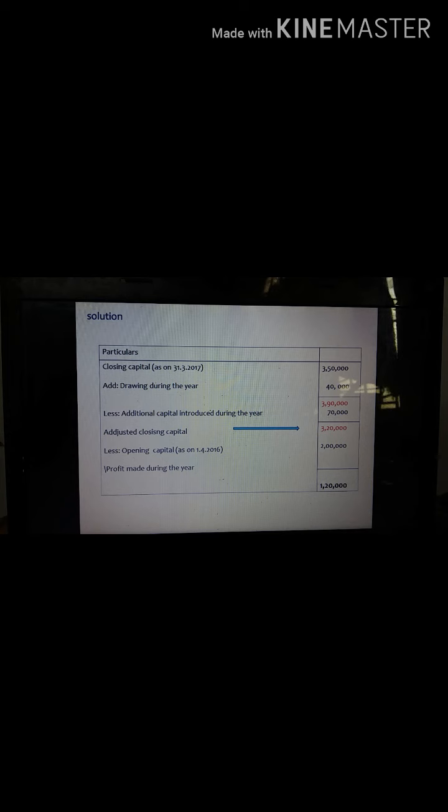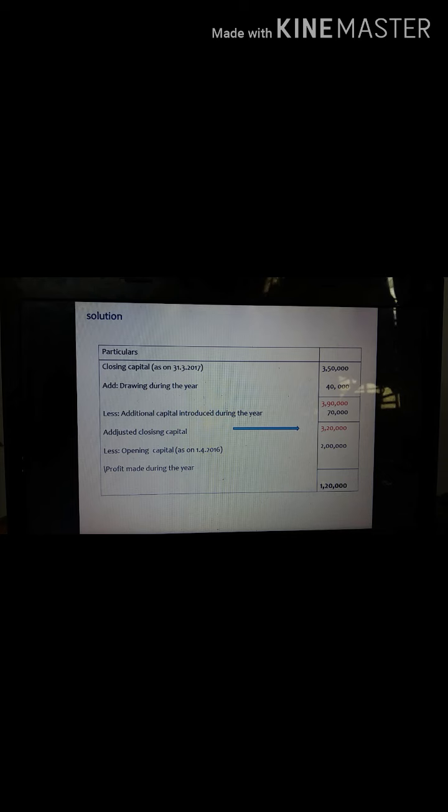Write closing capital first, 3,50,000, and add drawings during the year 40,000. 3,50,000 plus 40,000 gives 3,90,000. Then you have to minus the additional capital introduced during the year, 70,000. 3,90,000 minus 70,000 gives 3,20,000. This is called the adjusted closing capital.